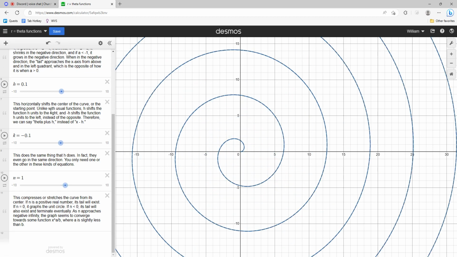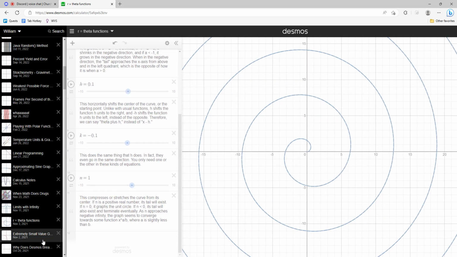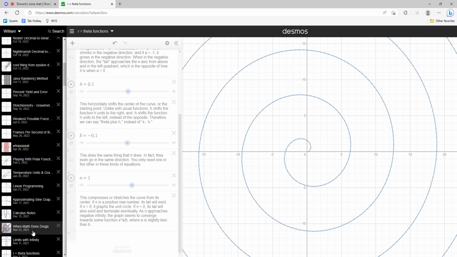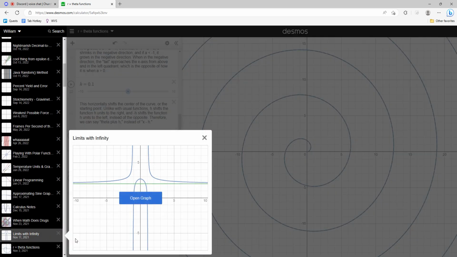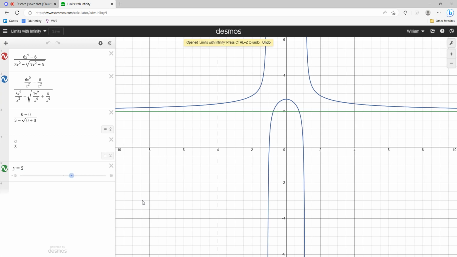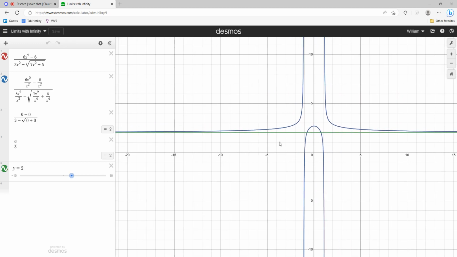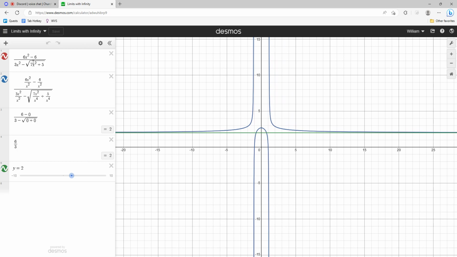That's really interesting. But yeah, I started dabbling in some polar functions. Parametrics are easier. I guess I didn't really know about parametric functions at the time. I just saw them on my calculator and I was like, oh, that's kind of scary, and never really looked into them, even though they're easier.